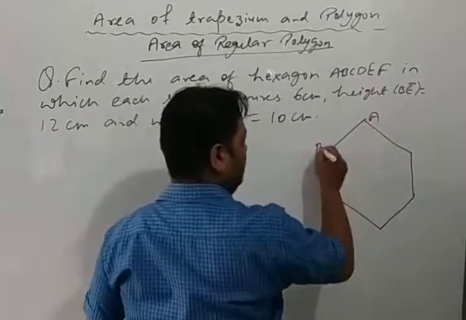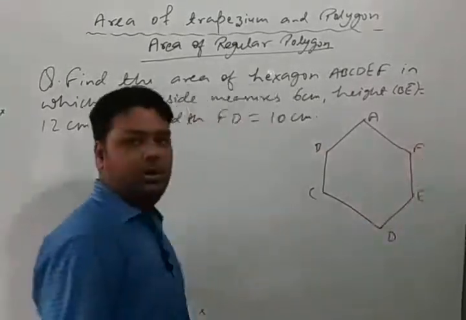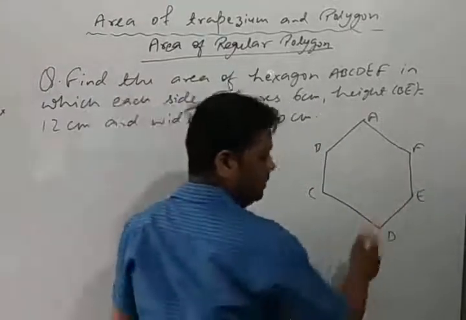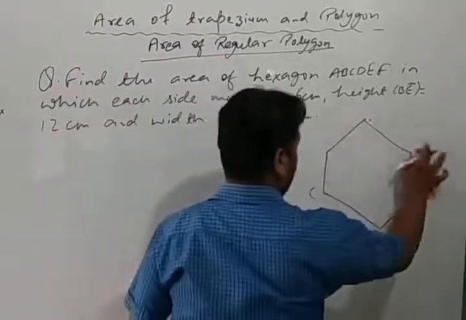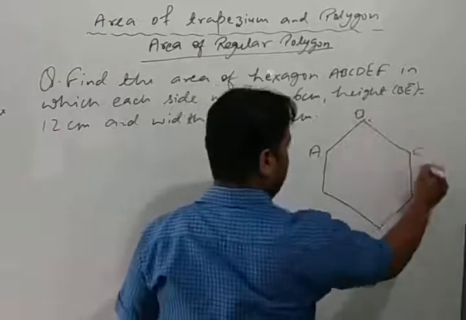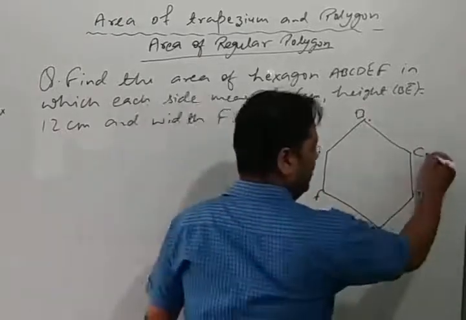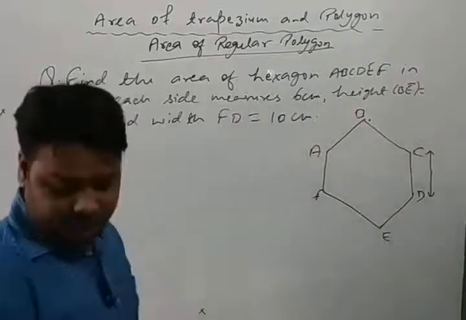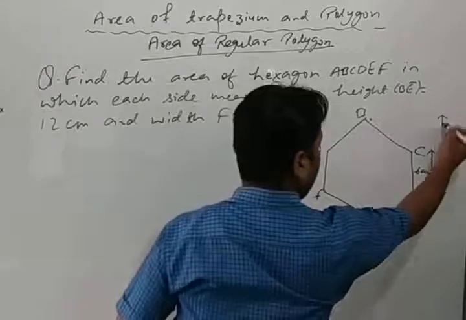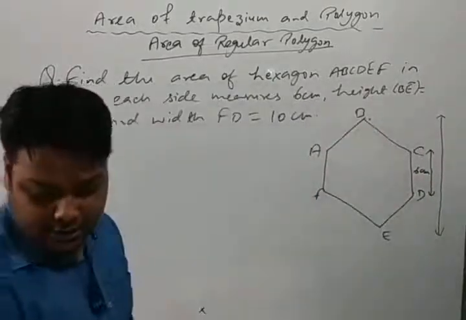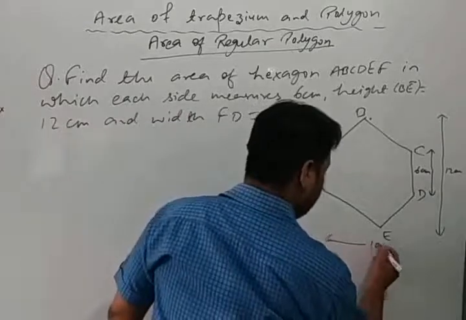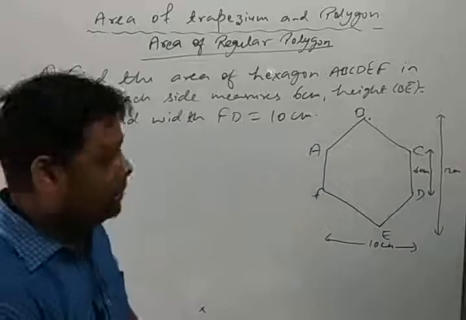A, B, C, D, E, F. Now here you can see A is given, then B, then C, then D, then E, and this is A. And here the distance between C to D is given 6 cm, and the distance between B to E, the whole distance, height we can say, will be 12 cm. Now FD is given 10 cm.